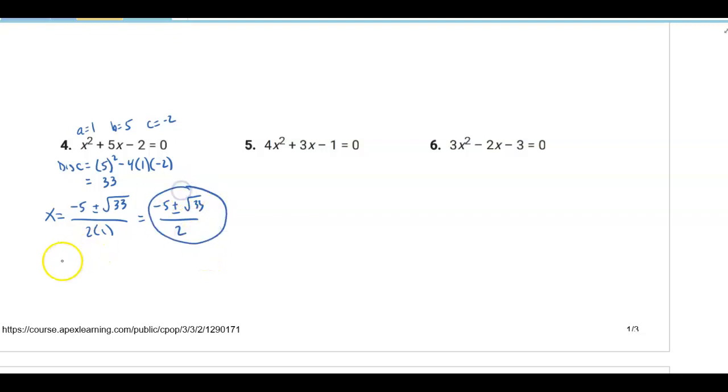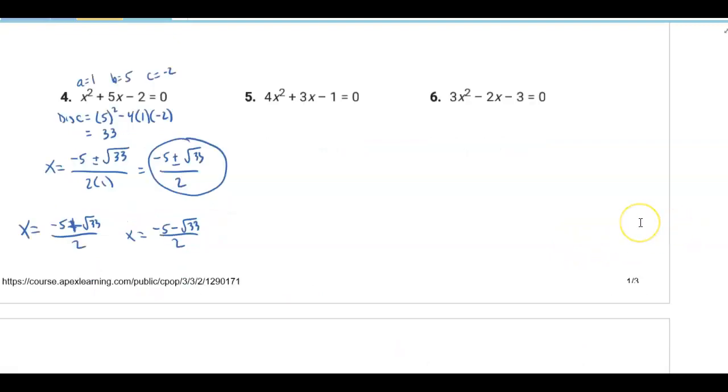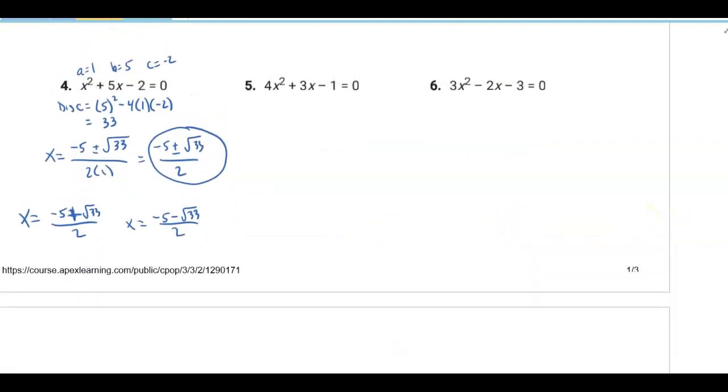This is what we consider the exact solution, but they like you to break it up into -5 plus the square root of 33 all over 2. The other one is -5 minus the square root of 33 all over 2. And those would be your two solutions. Okay? Now, the next one.